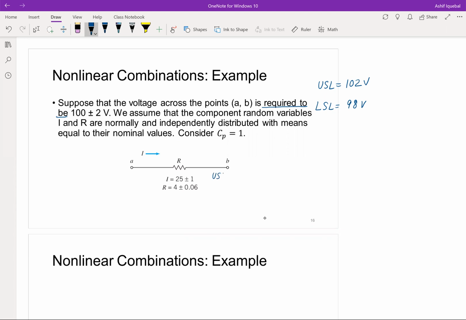So USL for I is equal to 26, LSL for I is equal to 24. Again, USL for the resistance is equal to 4.06, and LSL for resistance is equal to 3.94. And we are also given that Cp is equal to 1.